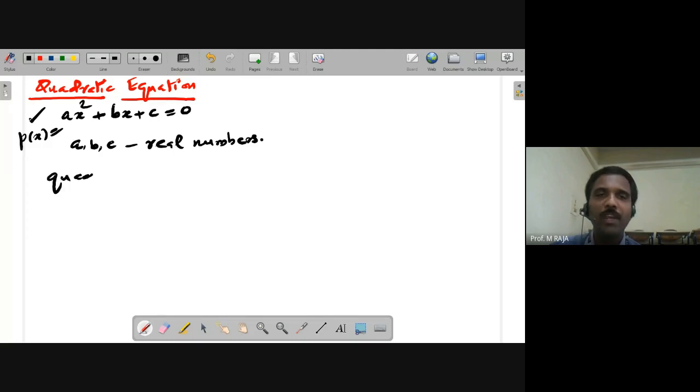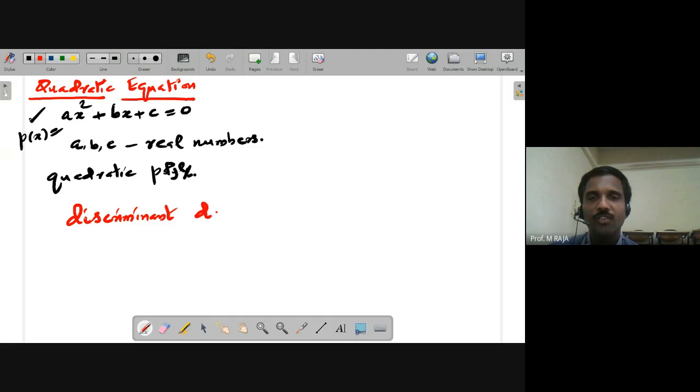We need to find a solution to this quadratic equation, ax square plus bx plus c is equal to 0. To find the solution, first we need to find the value of the discriminant.